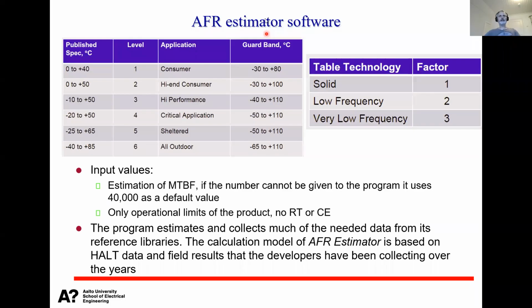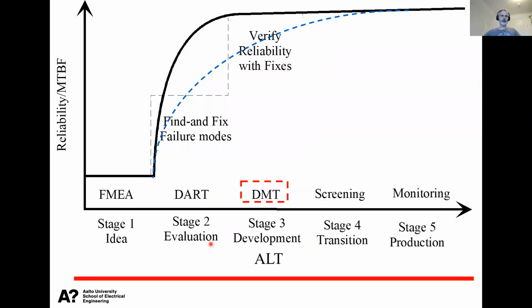Okay, so basically that concluded the HALT part of our reliability testing, and now we can jump into the next phase. So now we have completed stage 1 and stage 2, and the idea is that we have been able to find all the weakest links in our design, all the design mistakes, and basically now we have fixed the design.